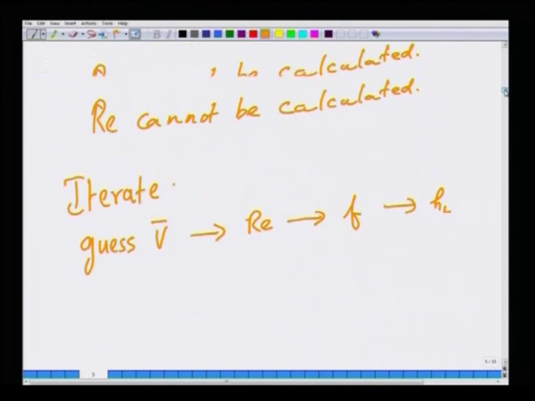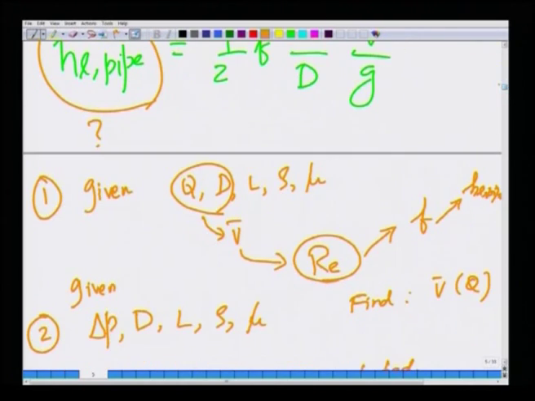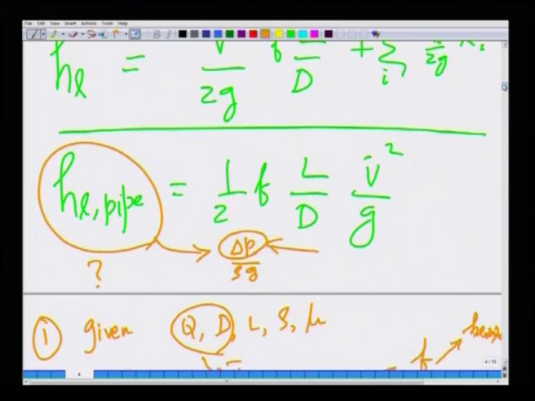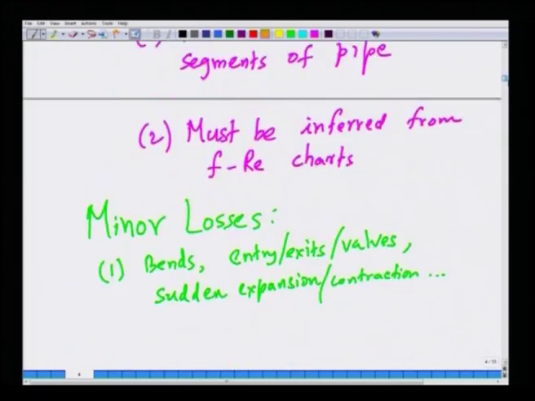Now, if you look at the head loss expression, the definition of head loss is nothing but delta P by rho g. So, given delta P, we can calculate the head loss. The definition of head loss is delta P by rho g for a straight section of a pipe.